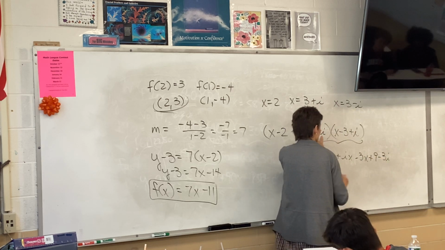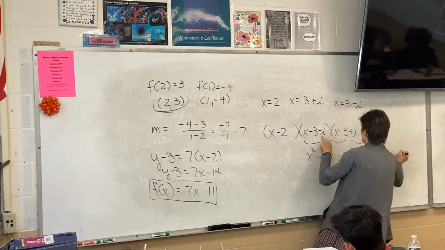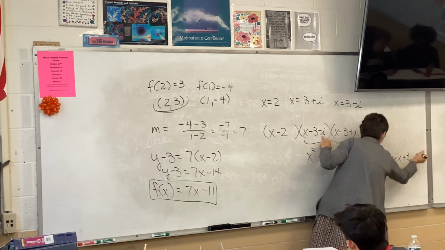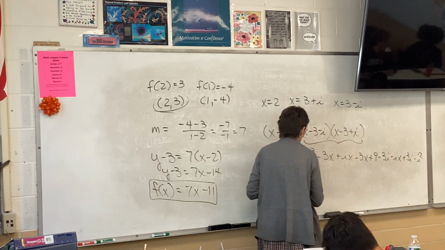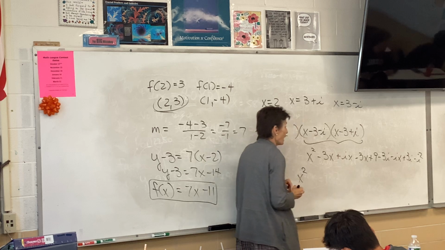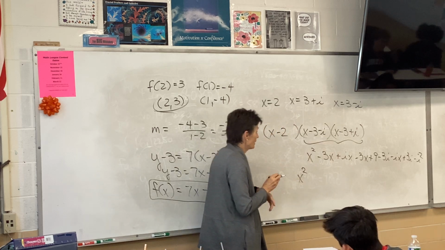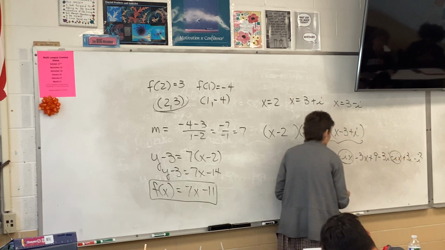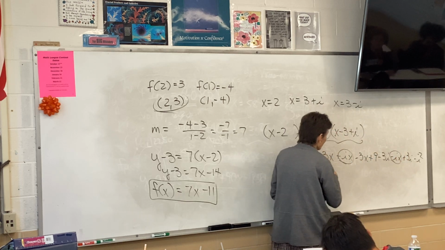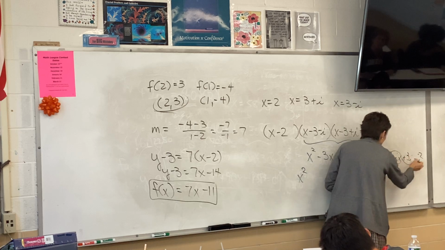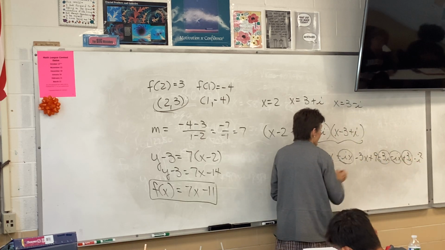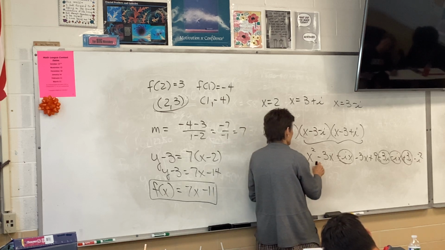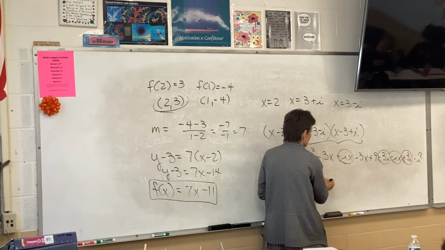Then this times all 3. Alright, so there's a lot there, but what happens to this and this? Gone. What happens to this and this? They're gone. And what about negative i squared? So this is going to be x squared minus 6x plus 10.